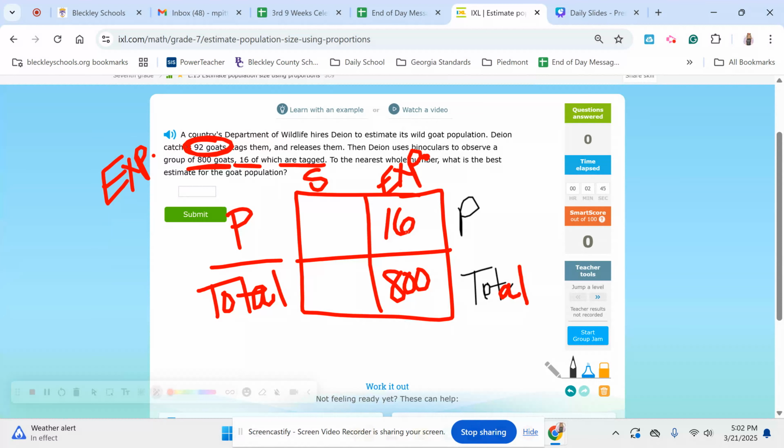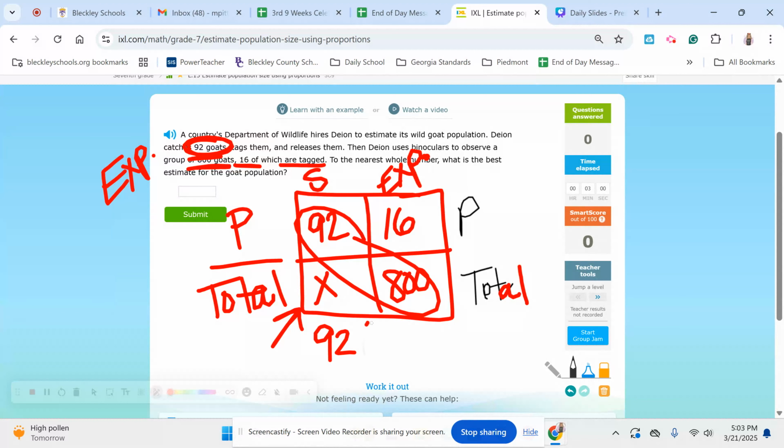So theoretically, if 92 are tagged, because 92 is the part, whereas this is going to be the population that we're trying to find, we would just cross multiply and divide. So we would do 92 times 800 divided by 16, and that should give us our answer. Okay?